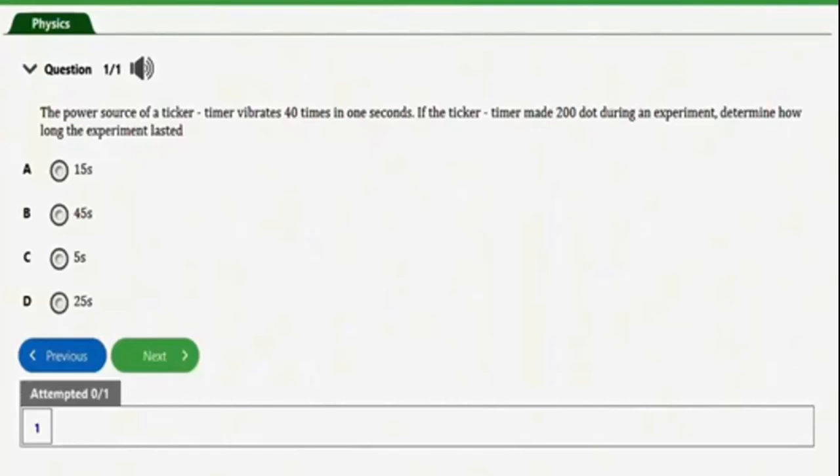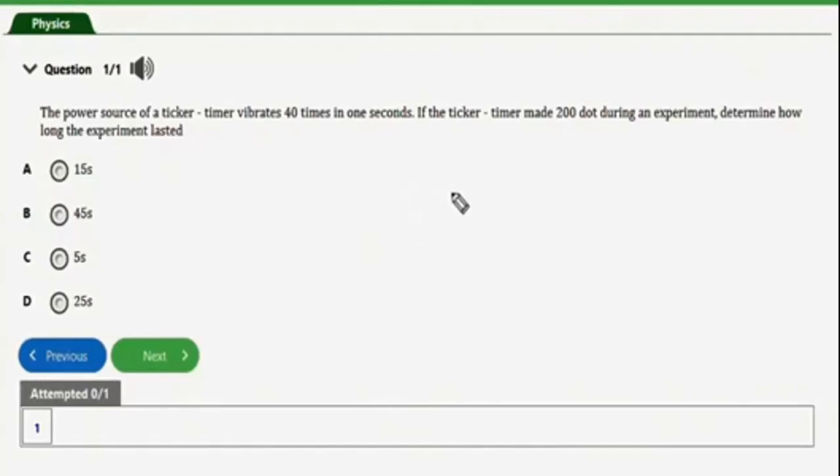Alright, so for this kind of question, just apply simple logic and you get the result. So basically, you will tell yourself, the power source of a ticker timer vibrates 40 times in 1 second.